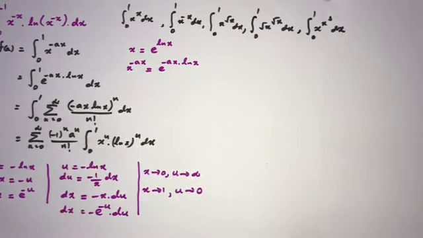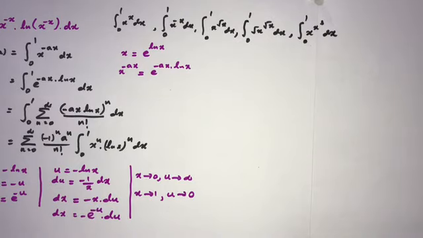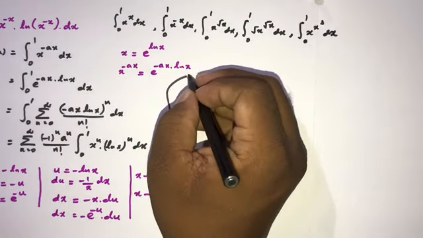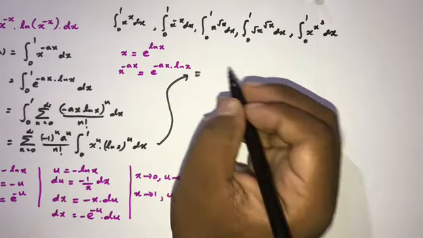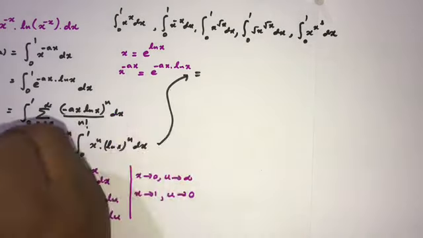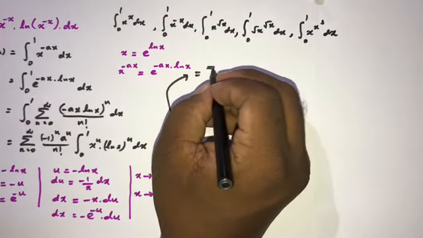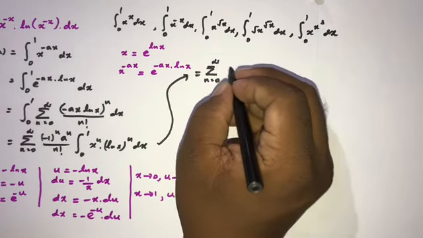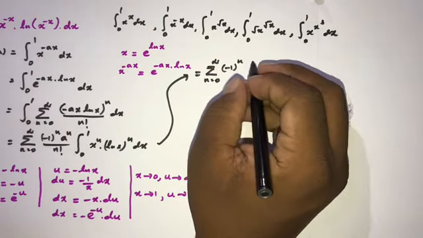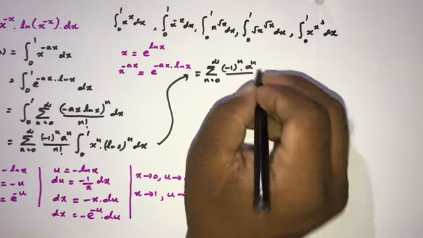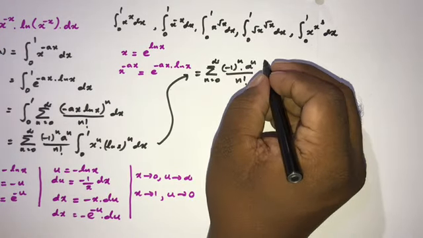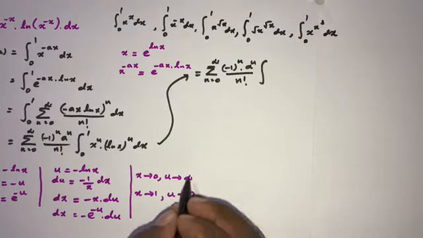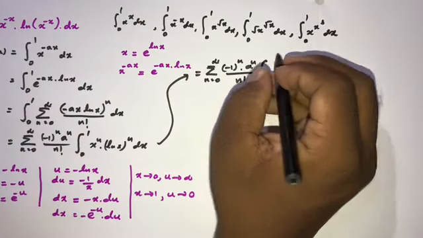Then we can write our integral as the infinite sum, n equals 0 to infinity, of minus 1 to the n power times a to the n power over n factorial. Now the limits go from infinity to 0.